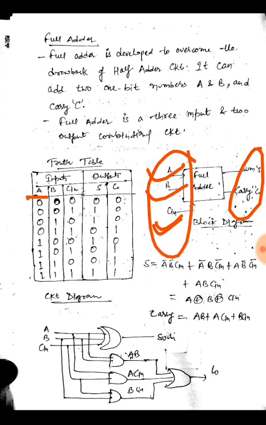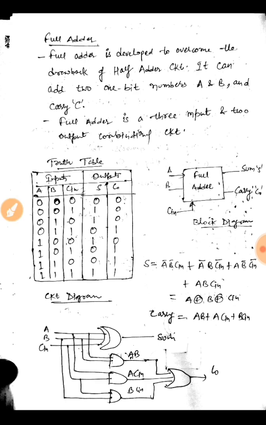So for 3 inputs I would be having 8 combinations possible, and for all of these I have to write down the sum and carry generated against them. For first case it would be 0 0, for second it would be 1 and 0, for third it would be 1 0. If I have two ones, then the sum would be 0 and carry would be 1.